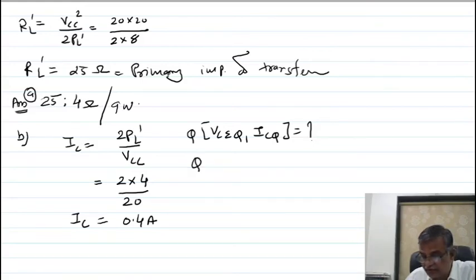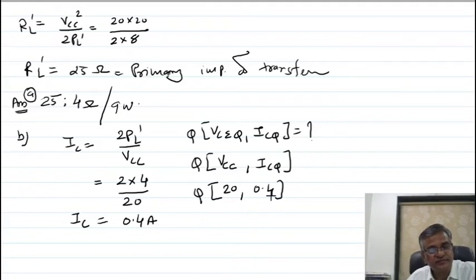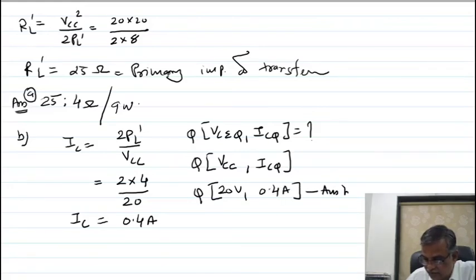Already we know that in a transformer coupled amplifier, VCQ is nothing but VCC. You can check your first or second lecture. So the operating point is 20 volt, 0.4 ampere. This is your answer B.